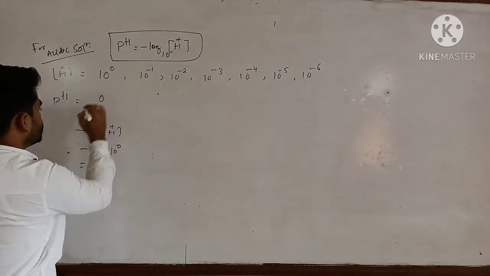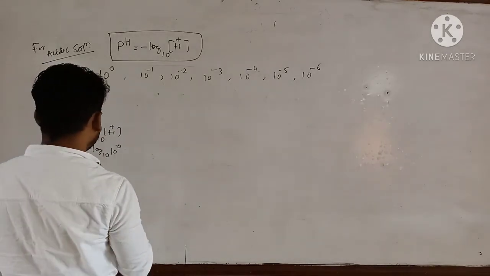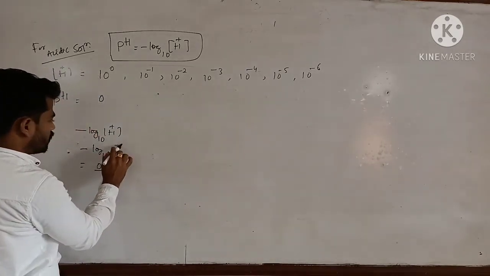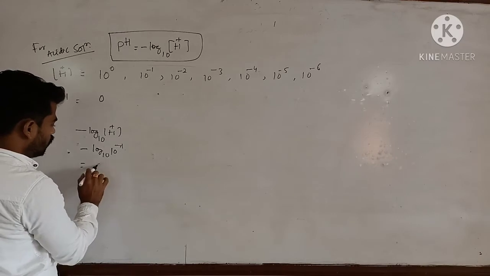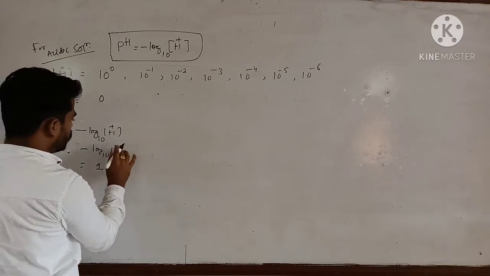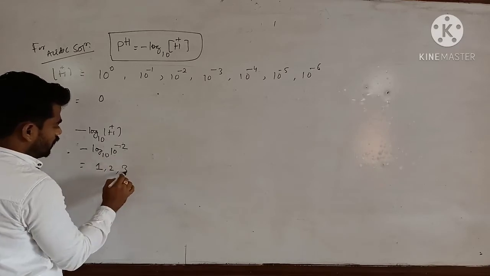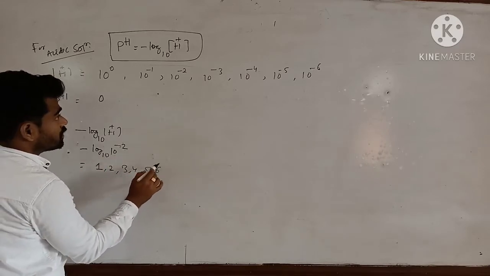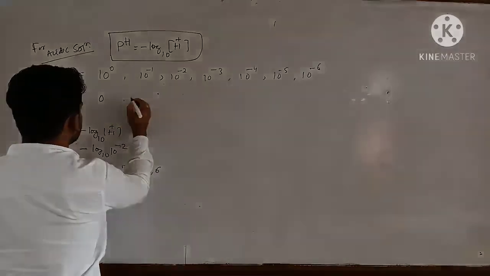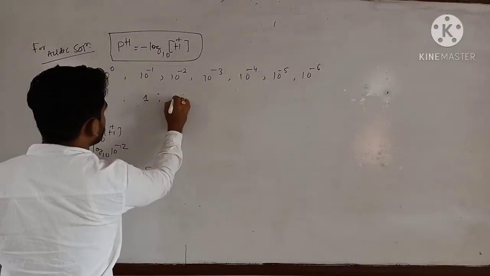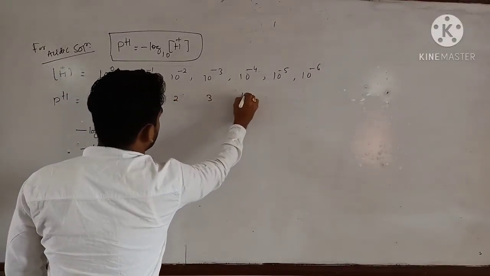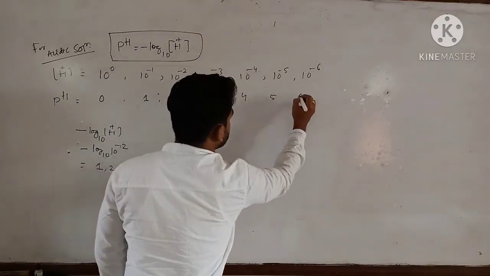Again, 10 to the power minus 1 becomes 1. 10 to the power minus 2 becomes 2. Similarly 3, 4, 5, 6. So here the pH values become 0, 1, 2, 3, 4, 5 and 6.